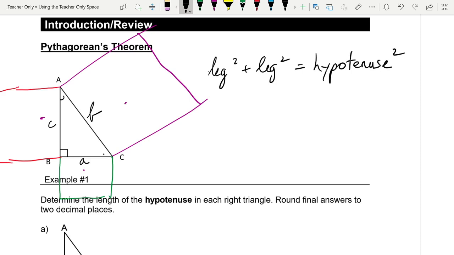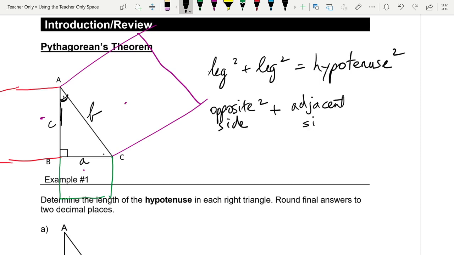It's a leg. But I like those words too. I'm going to use those too. You could say that from a specific angle, like say for example from angle A, side A is an opposite side, and side C would be what we call an adjacent side.